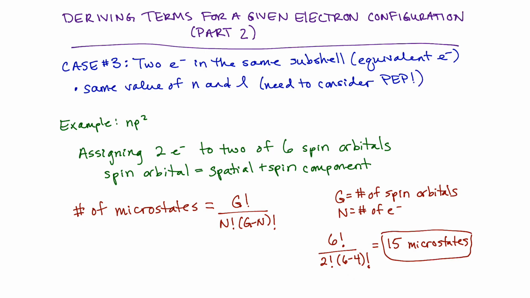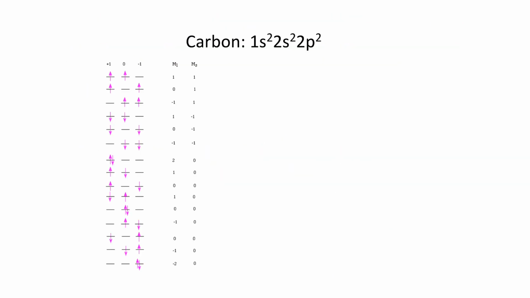When you do that calculation, you should end up with a total of 15 microstates that are possible for putting those 2 p electrons into those 6 possible spin orbitals. It's nice to have that little shortcut to determining the number of microstates for a given situation.